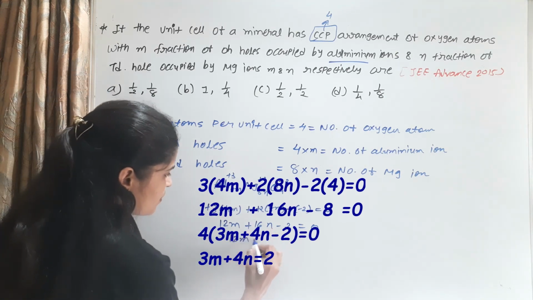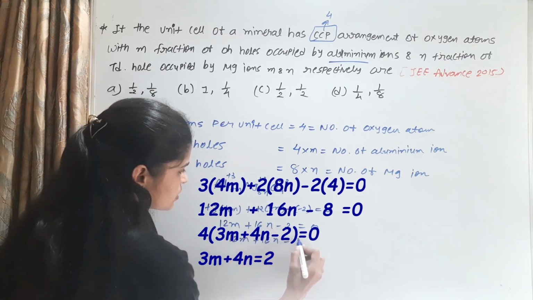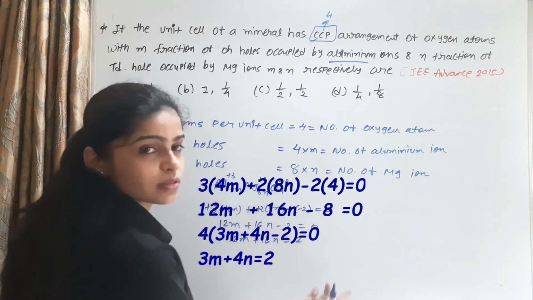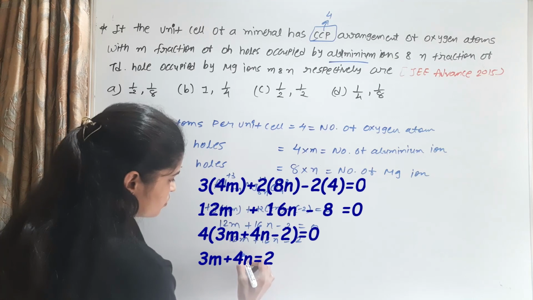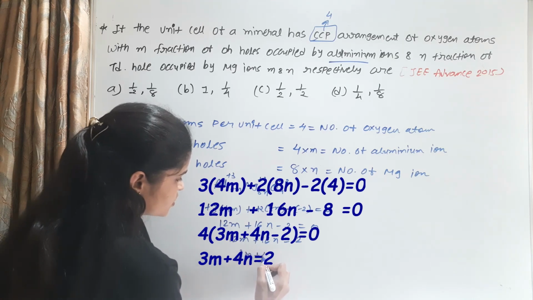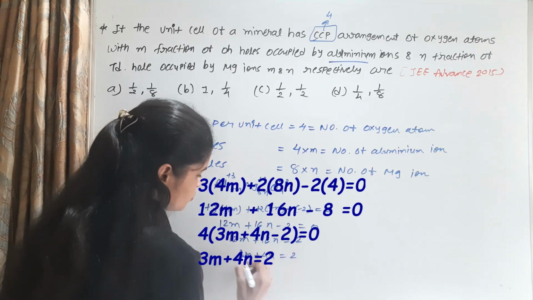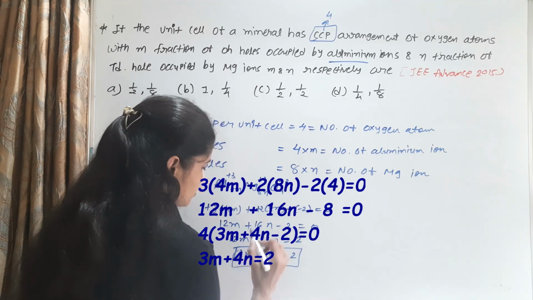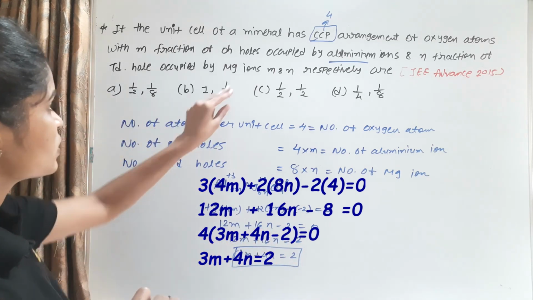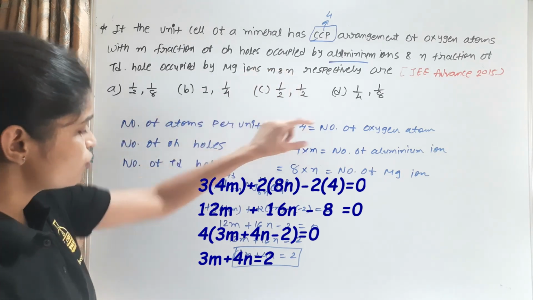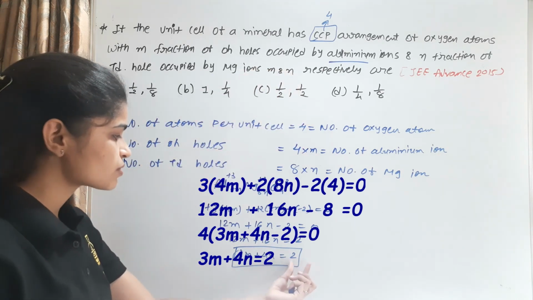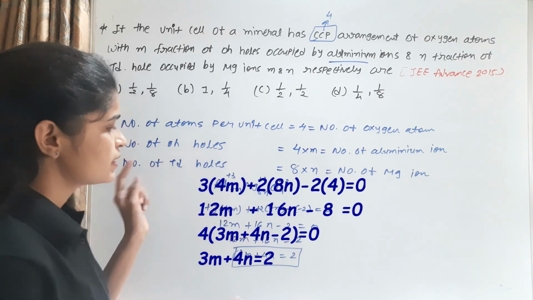Then 12M plus 16N is equal to 8. Then taking 4 common, 3M plus 4N is equal to 2. Then we find out the M and N values by putting all values in this equation, and the answer should be equal to 2. That is the right option.